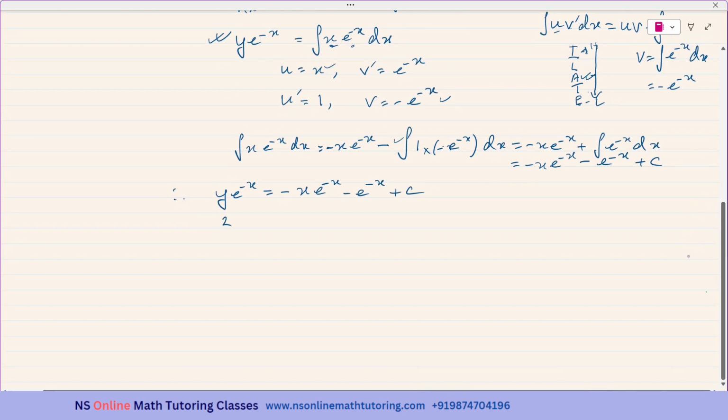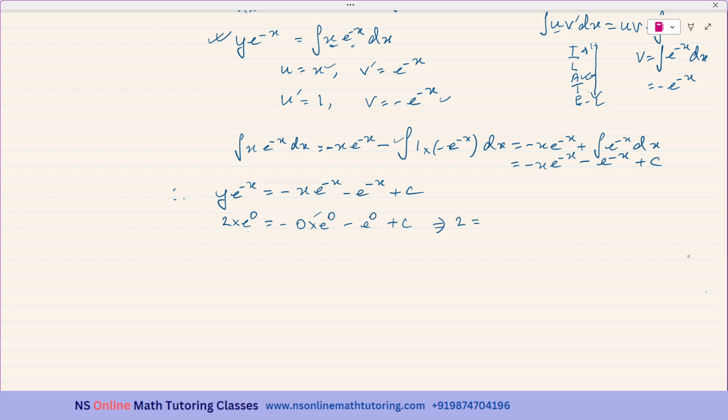So 2 times e to the power of negative 0, so 0, equals minus 0 times e to the power of 0 minus e to the power of 0 plus c. So e to the power of 0 is 1 and 2 times 1 is 2. This is 0, this is 1. So this is negative 1 plus c. So c is equal to 3.